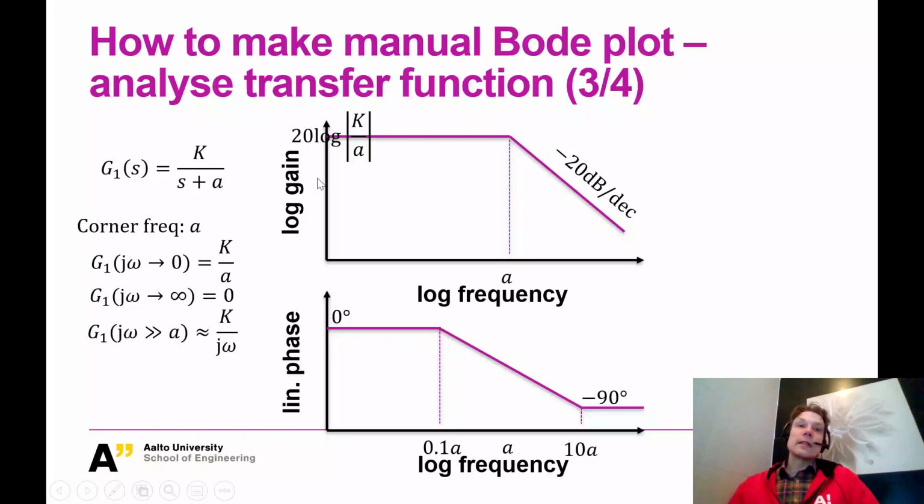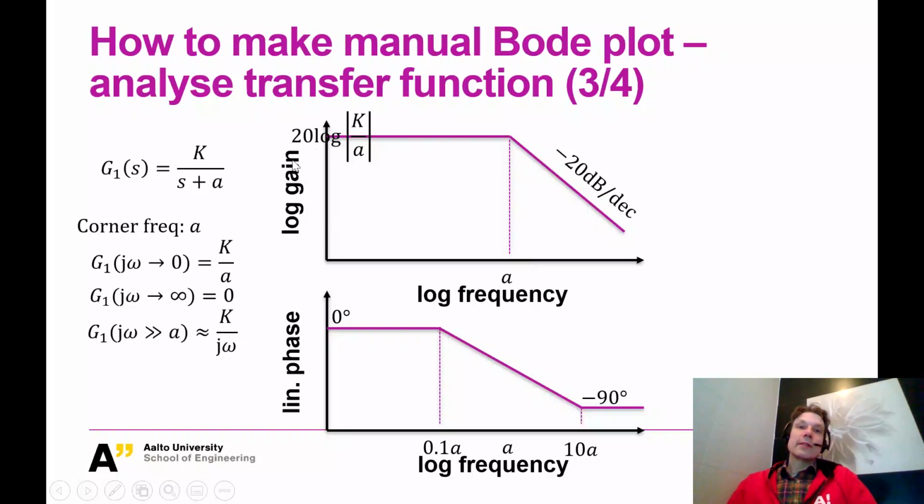So let's take a simple low pass filter here. So this is our gain, and this is our phase, and our transfer function is there, k over s plus a. So our corner frequency here is a, meaning that something will happen at the corner frequency.